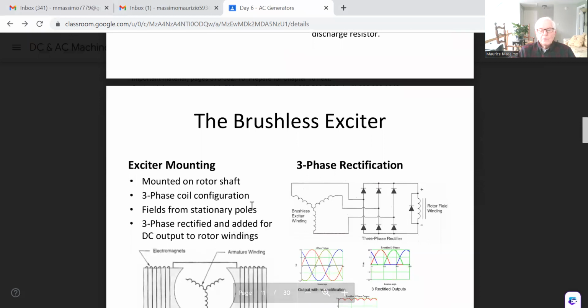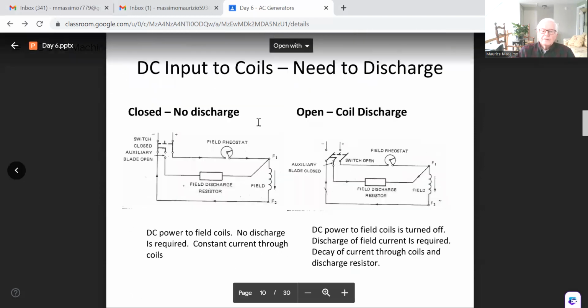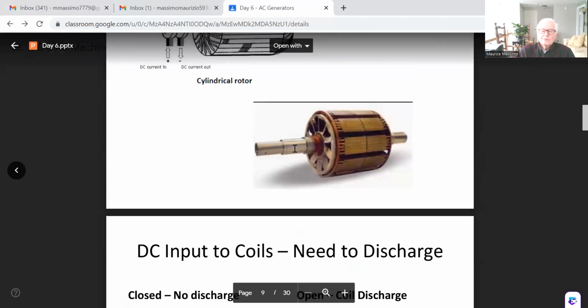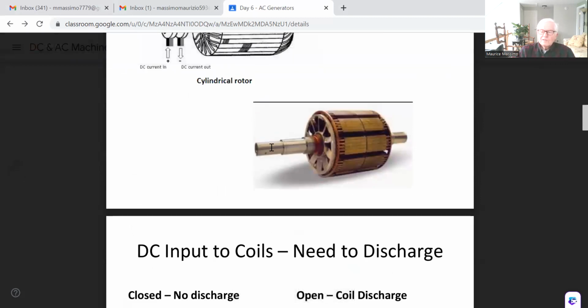Okay. In order, you can have a self-excitation by using a brushless exciter, okay? In other words, if you connect something to this axle here, this thing is turning around, okay?